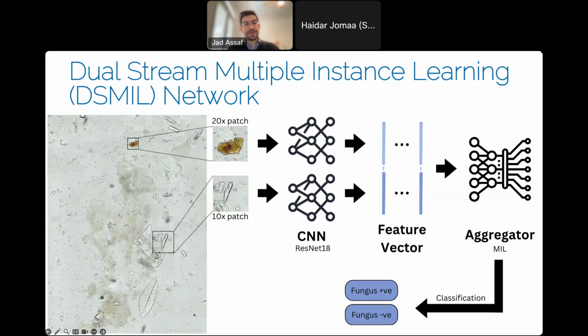So in this case, because we don't have a patch level label, we only have a slide level label. This is one of the most efficient ways of doing so while trying to keep context of the whole slide image. Essentially, what we want to reach is that you image the entire slide, and this algorithm would be able to tell you whether there's a fungus or not in that case.